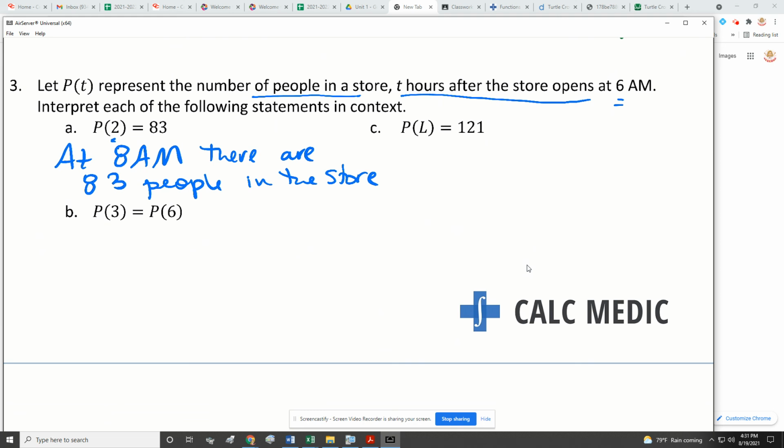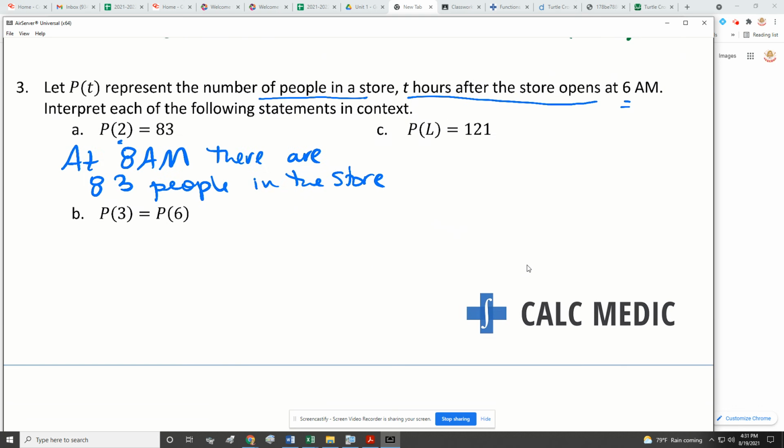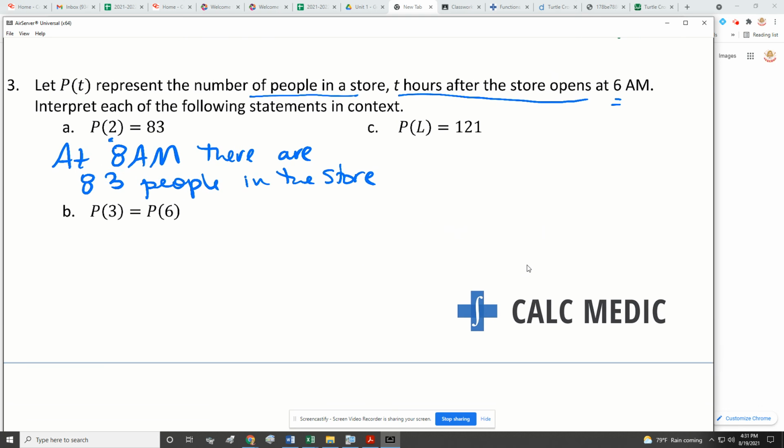B is a little different. It tells you that P of 3 is equal to P of 6. So to me, 3 means 3 hours since 6 a.m., so it's 9 a.m. And then 6 hours since 6 a.m. is 12 p.m., so noon. So there's going to be the same number. They're going to be equal. So it would have the same number of people in the store.